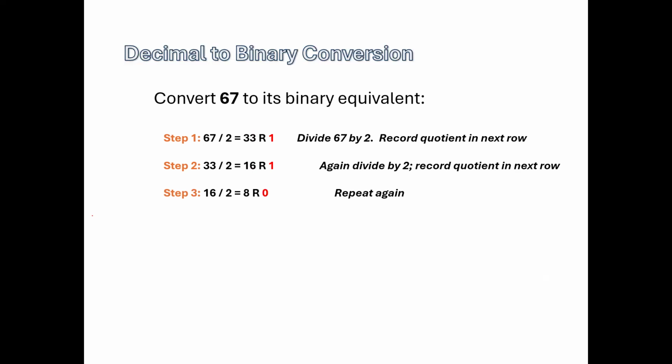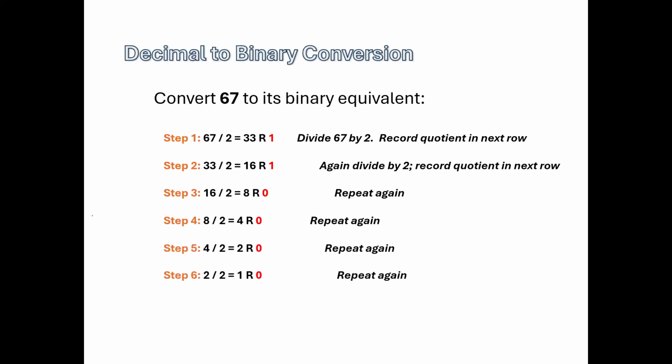So my remainder would be what? 0. 2 into 8 would give me 4. No remainder. 2 into 4 would give me 2. No remainder. Then 2 into 2 would give me 1. No remainder. So I would stop when my quotient reaches 0.